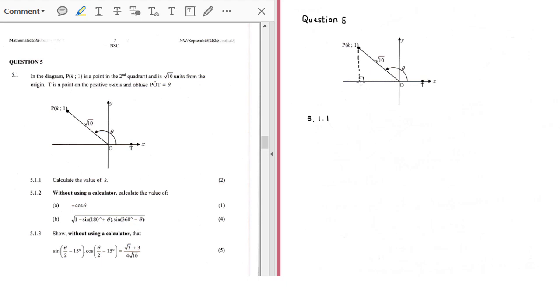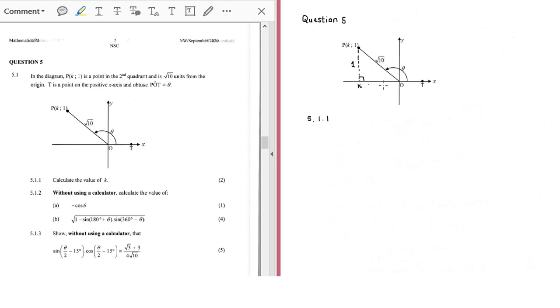That distance that they want you to calculate is a distance k. The distance upwards is a distance of 1. Let's write in that k. You're given that the distance of the hypotenuse is the square root of 10.